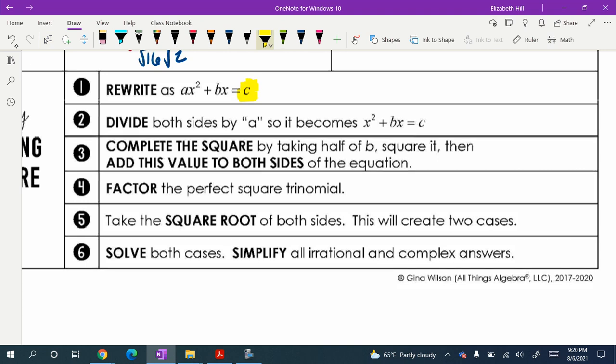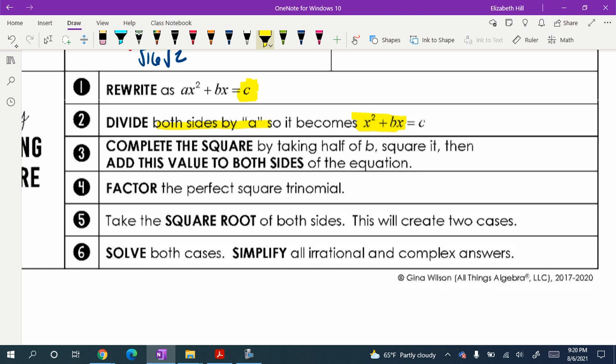All right, so we want to get that there. Now, to make this nice and easy on ourselves, this next step is really important. Divide both sides by that value of a, if you do have something there, so that you get a value of x squared. So you want this quadratic term to have a leading coefficient of 1.